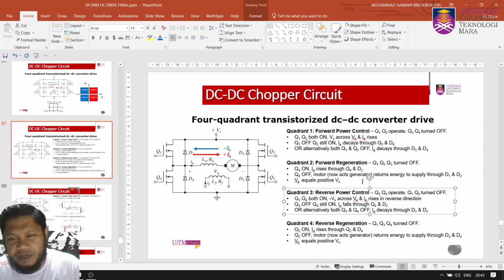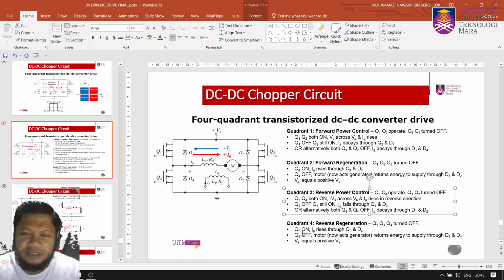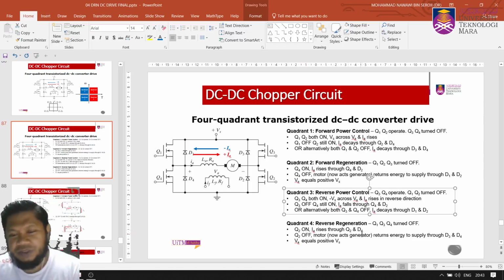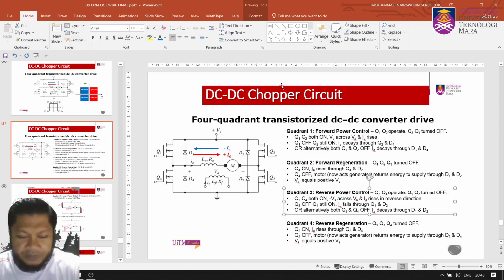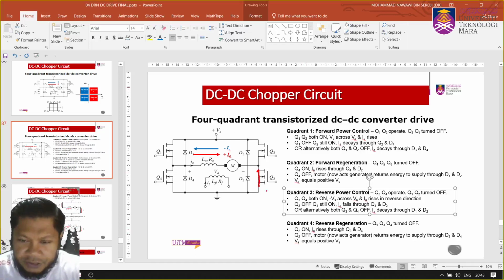So just follow my expression before and look at this statement. Q2 on, IA rises through D2. So with Q2 on, you just draw a short circuit here, and current rises through Q2 and D4.